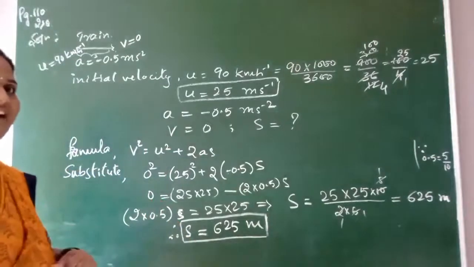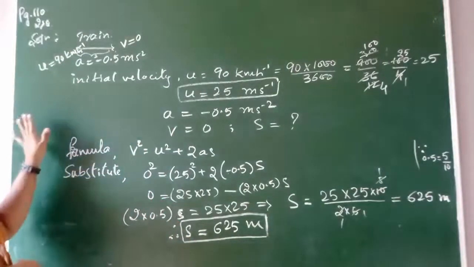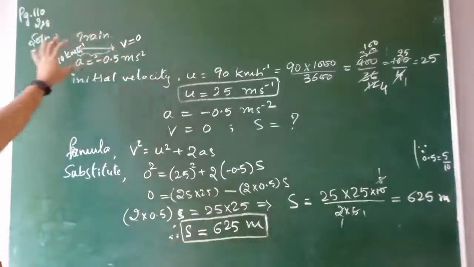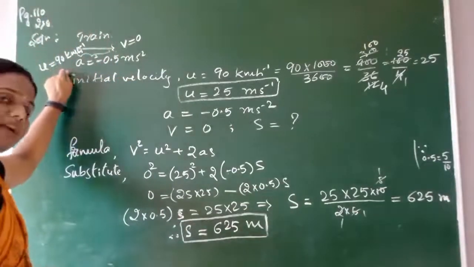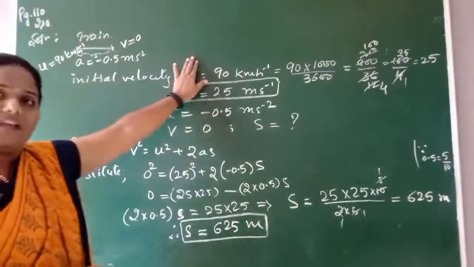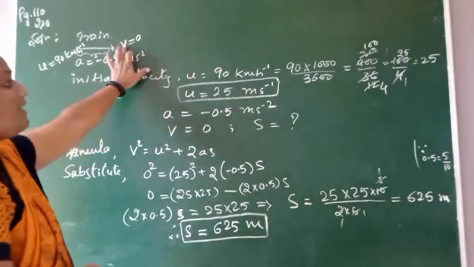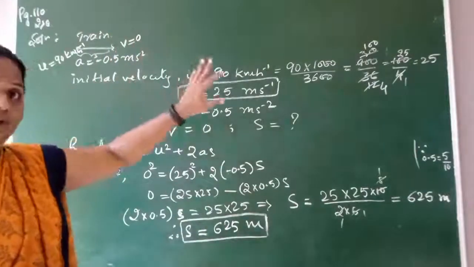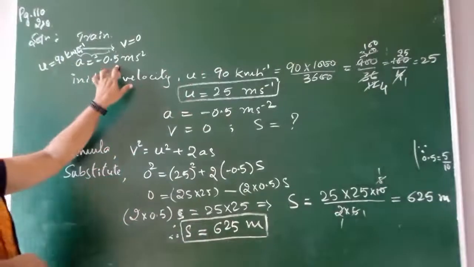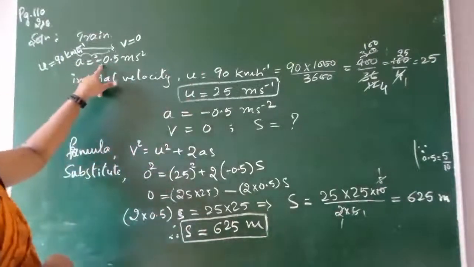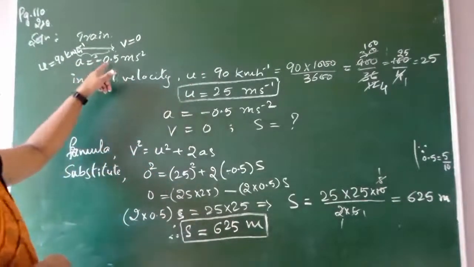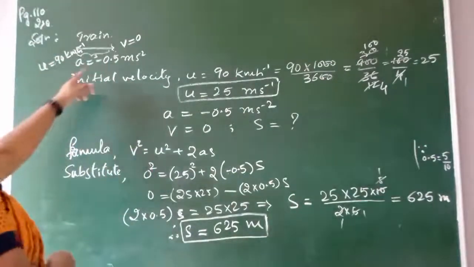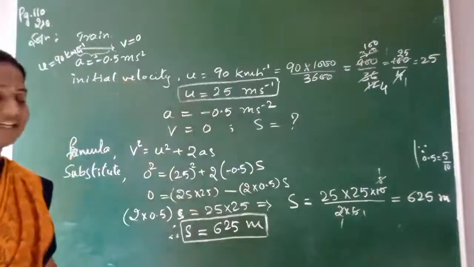Is it clear, children? Okay, once again I'll explain. In the question they asked that an object, that is a train, is moving from a point with an initial velocity 90 km per hour. Isn't it, children? And at the time the train's speed decreases, because of that velocity became 0, and it is moving with negative acceleration, means speed decreases, opposite to the motion of the object, minus 0.5 meter per second square.